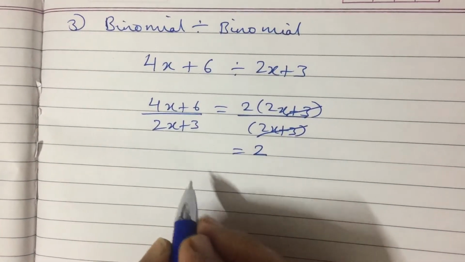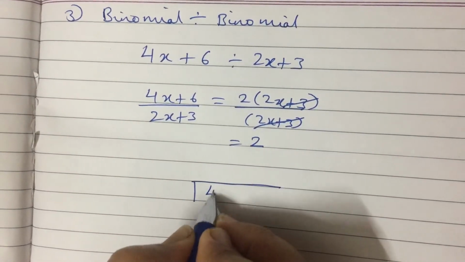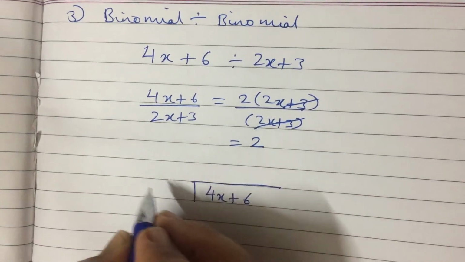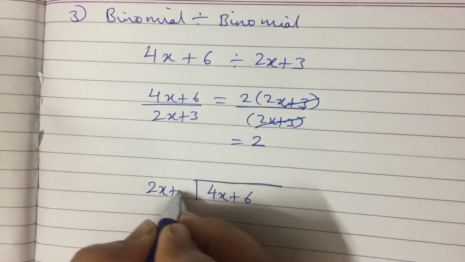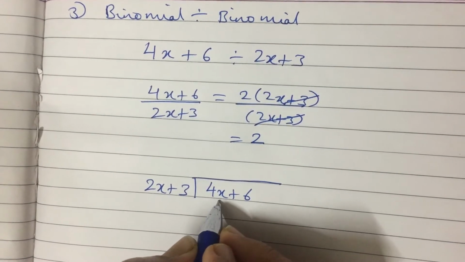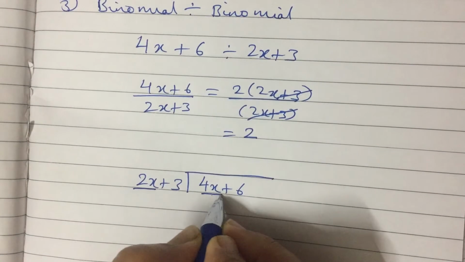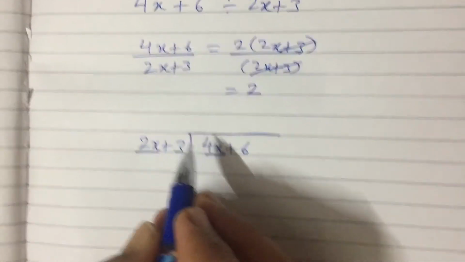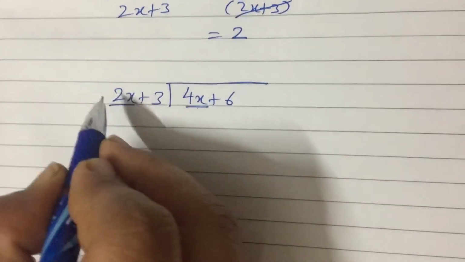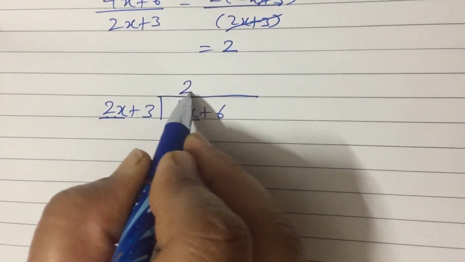Now when we do normal division, this is a 4x plus 6 divided by a 2x plus 3. When you have a binomial in the dividend and a binomial as a divisor, you take the first terms in both the expressions and we have to now divide a 4x by a 2x. 4x divided by 2x is a 2.